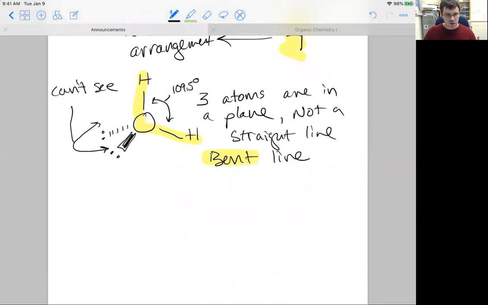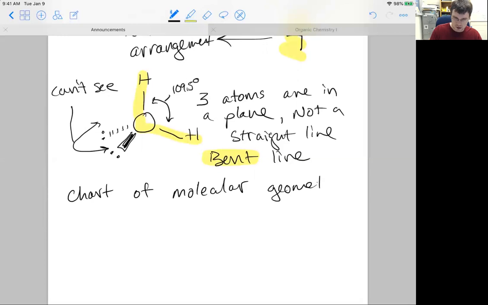Okay, so what we're left with is a little chart of molecular geometry, where we have the number of groups, and let's even use that word, things.